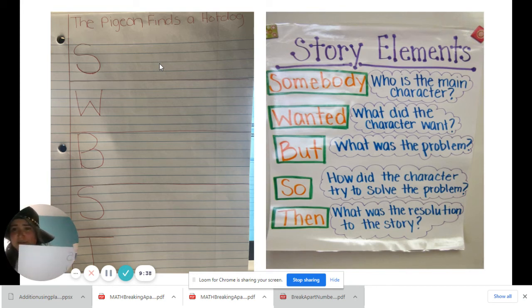So we're going to get started with S. S means somebody. So who is the main character in the story The Pigeon Finds a Hot Dog? Is it Mrs. Clevenger? Is it Mr. Wickwire? Is it the pigeon?